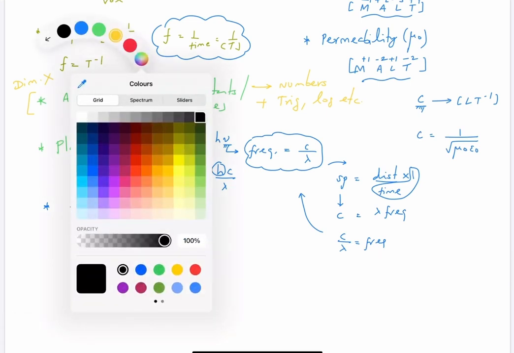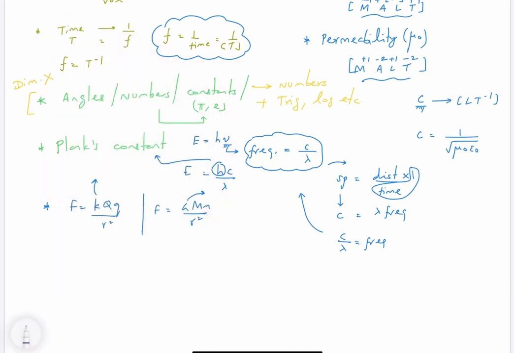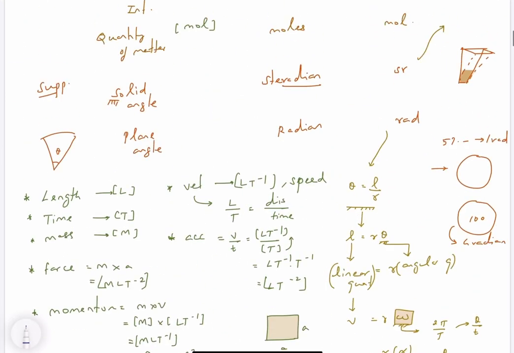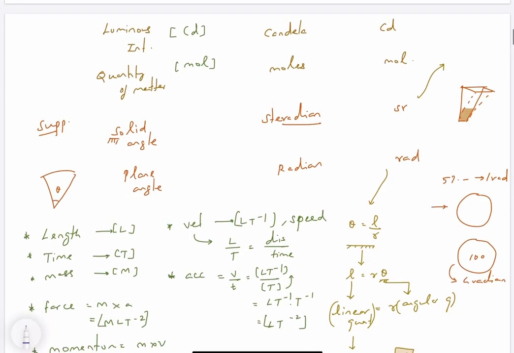Let's say in a question it's asked, what is the dimension formula of solid angle, plane angle? You would say it's angle, which means it doesn't have a dimension. But very, very important, these two quantities have units. They have units, but no dimensions.